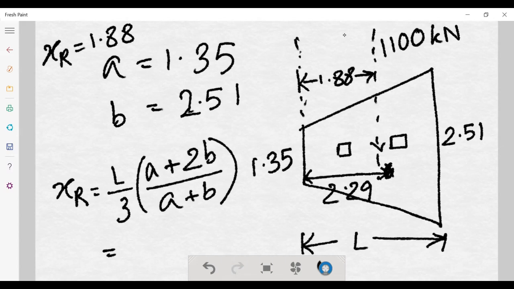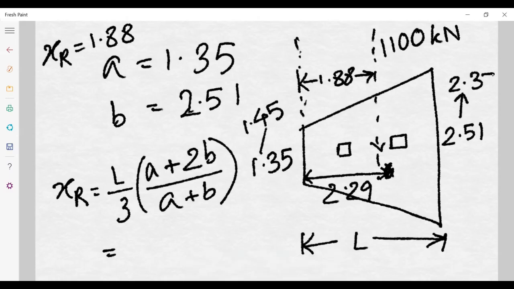Or if you want to do some more trial and error, to bring this 2.29 closer to 1.88, you can increase this 1.35 to maybe 1.4 or 1.45, and reduce this 2.51 to 2.35 maybe, and you check that. That means you increase A a little bit and decrease B a little bit, because you want to shift this XR value a little bit to the left, near 1.88.